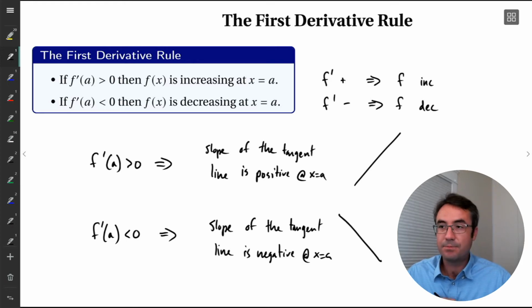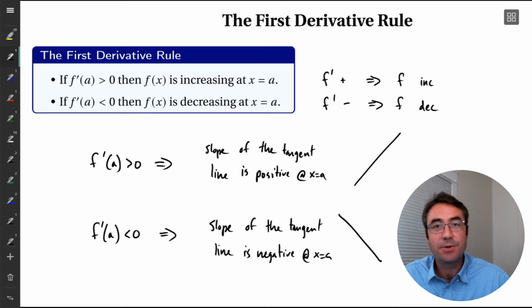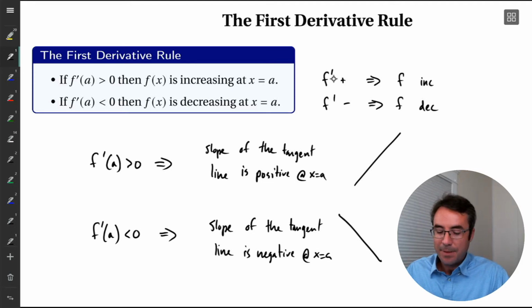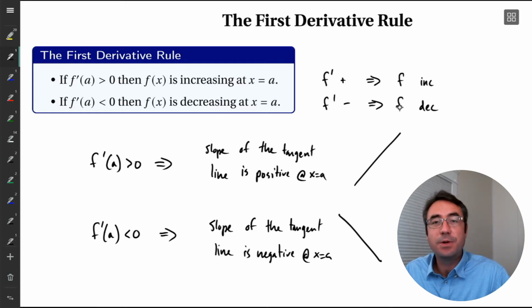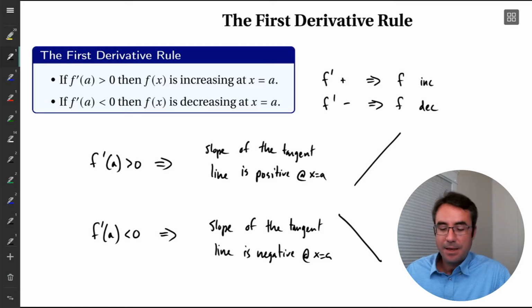Well, it's moving downward like that. So it's decreasing. It has this decreasing trend. So this is going to be a nice relationship that we come back to over and over again. If our derivative is positive, then the original function is increasing. If our derivative is negative, then the original function is decreasing.